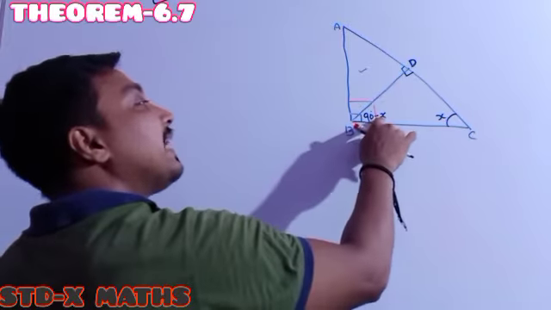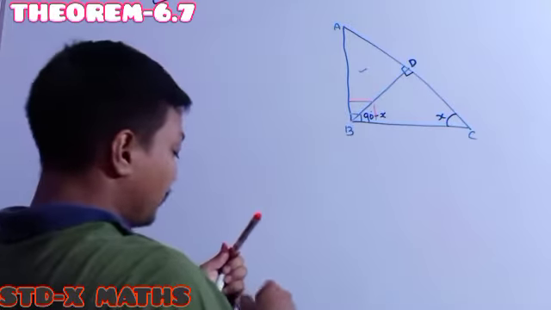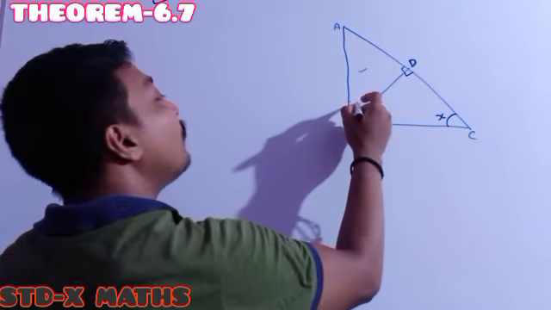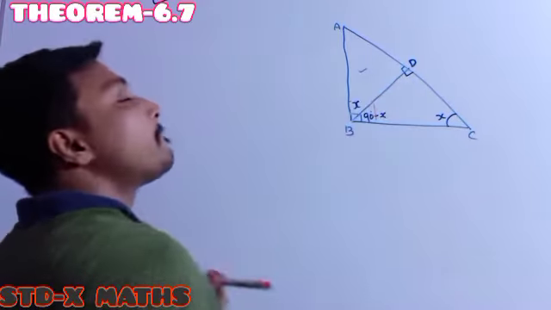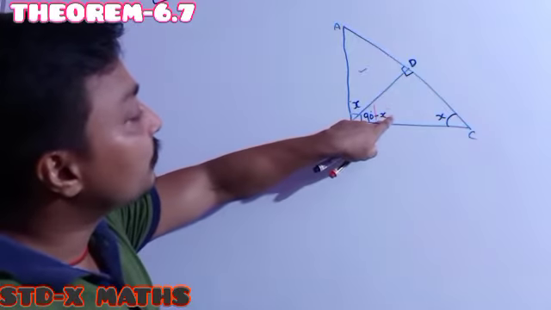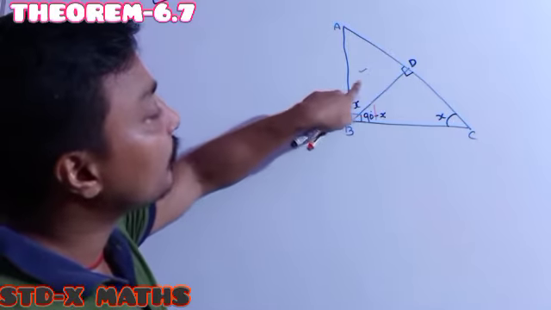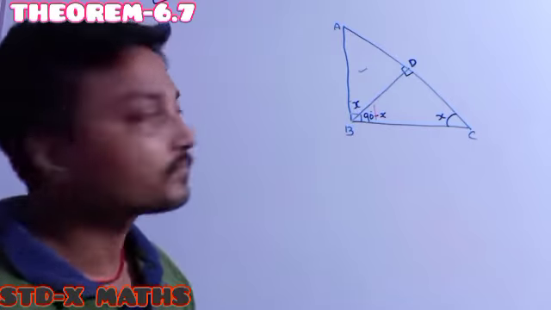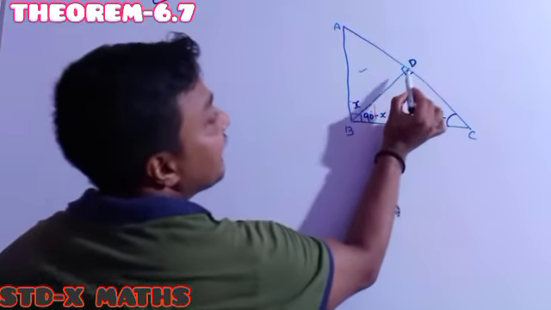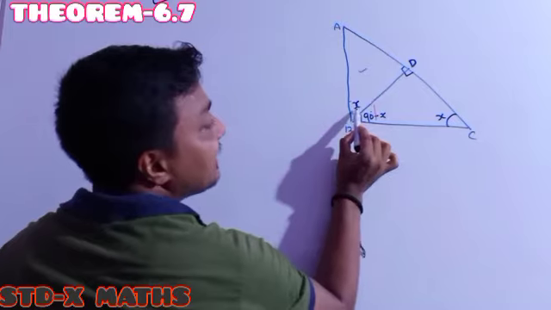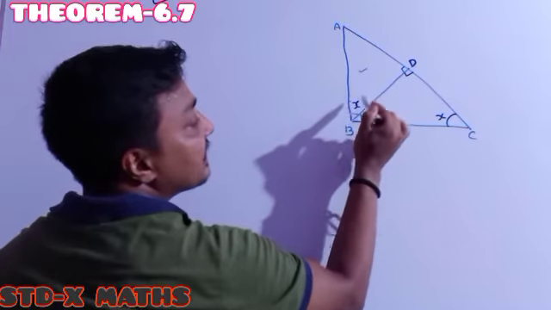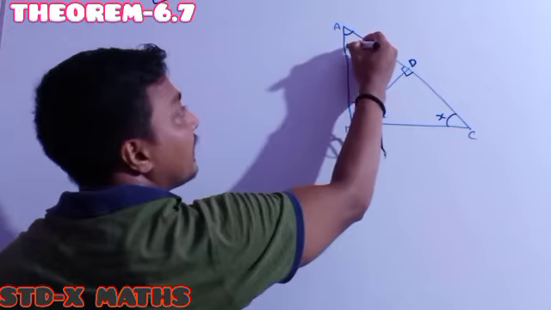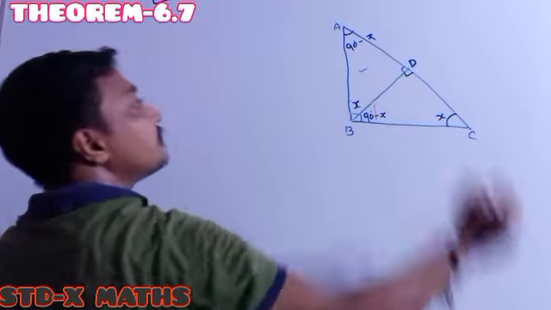Whenever this one is 90 minus X, 100% this little angle will be our X. Whenever I add this angle with this angle, their sum will give us 90. Now see, this angle is 90, and this angle is X in this triangle, so 100% this one will be our 90 degrees minus X.